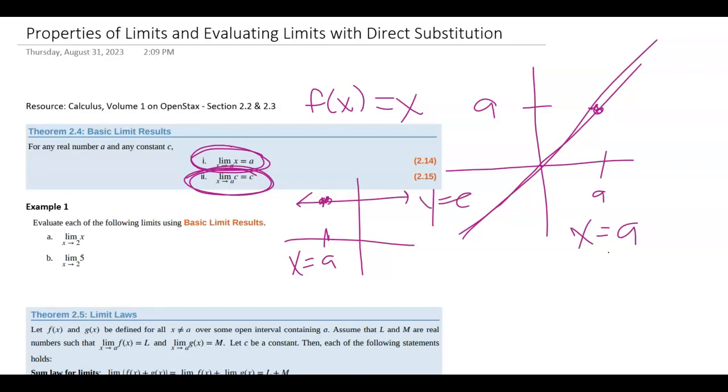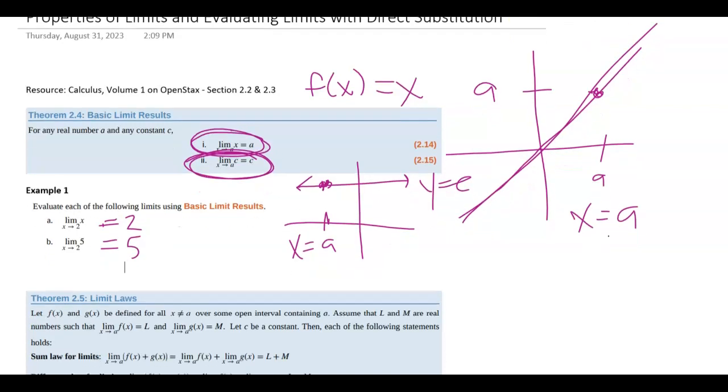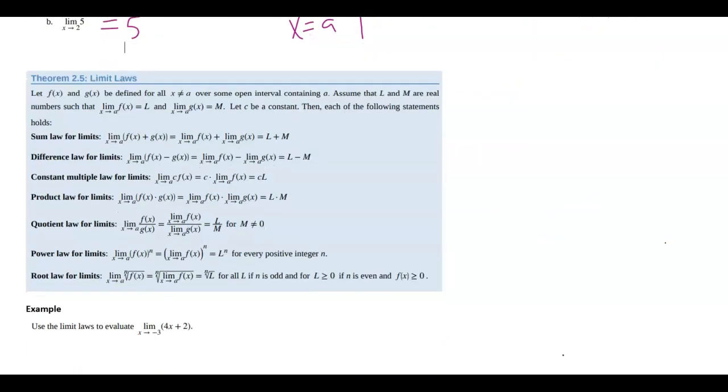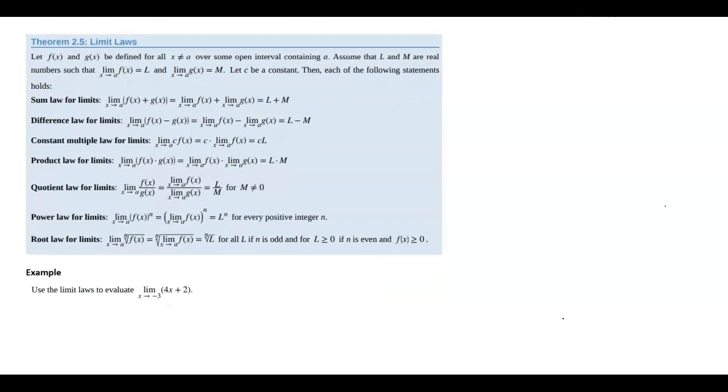So some examples here: if I want to find the limit as x goes to 2 of the graph of x, that's just going to be 2. If I want to find the limit as x goes to 2 of the graph y equals 5, that's going to be 5. And so we're going to use that in order to look at some of our limit laws. Basically, what you need to know is limits follow linear combinations.